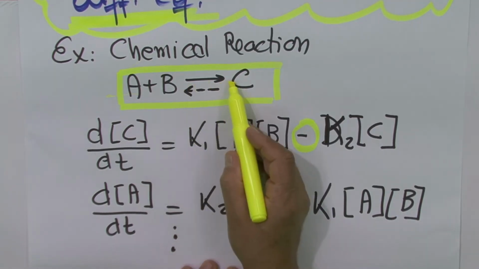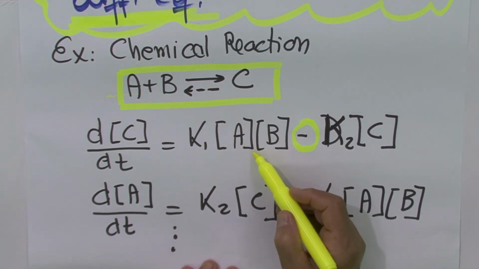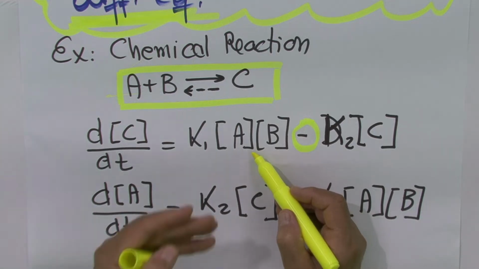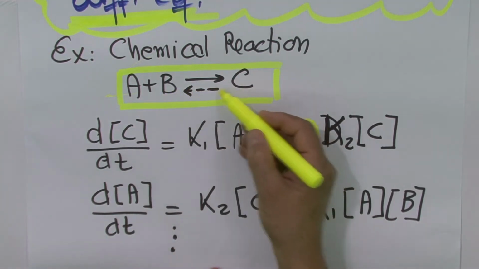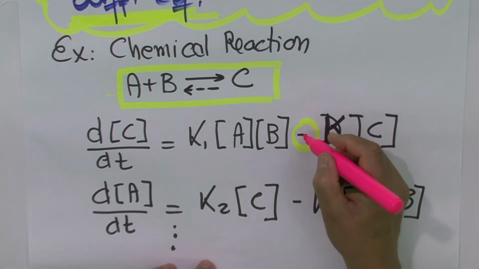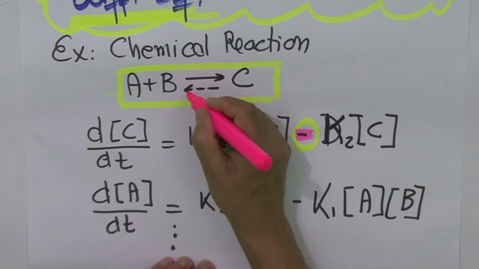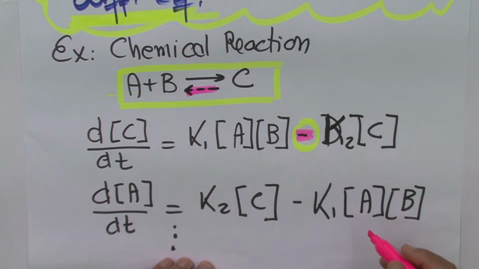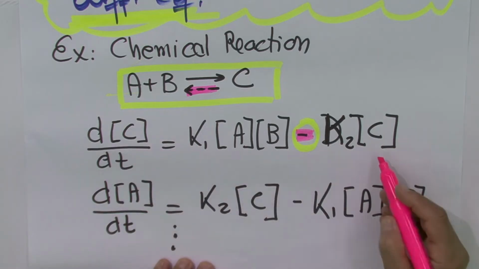This part of the arrow adds C to my container, to my system. This part of the arrow subtracts C from my system. And if I know that this subtracts and that adds, I'm able to put this equation together.